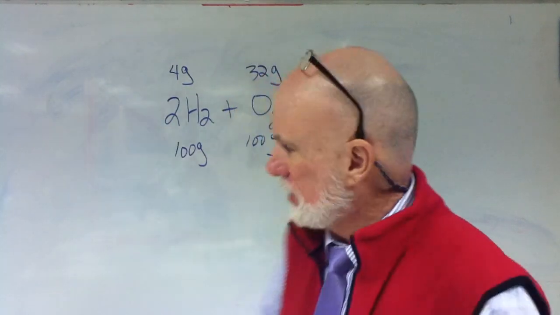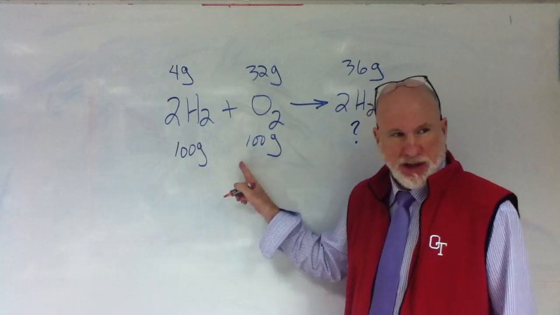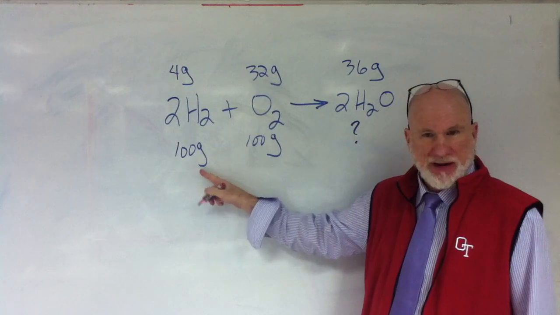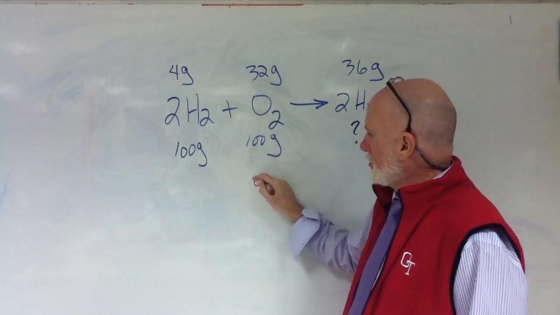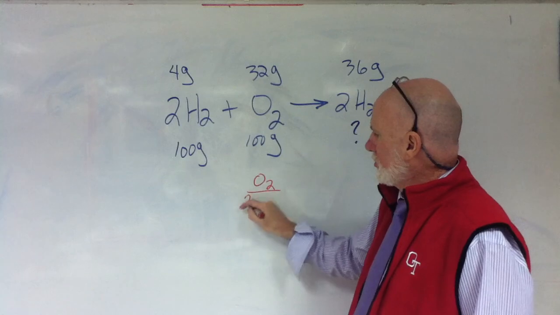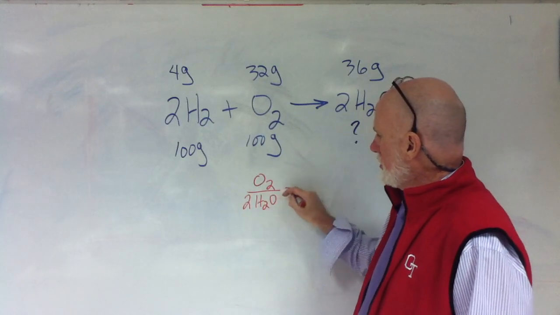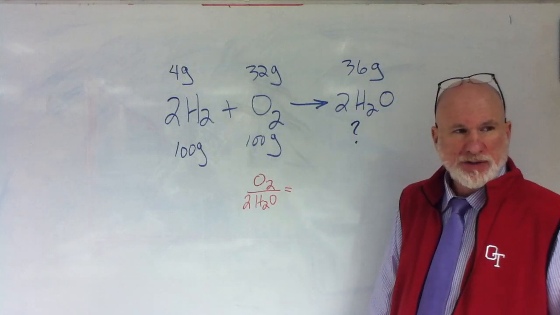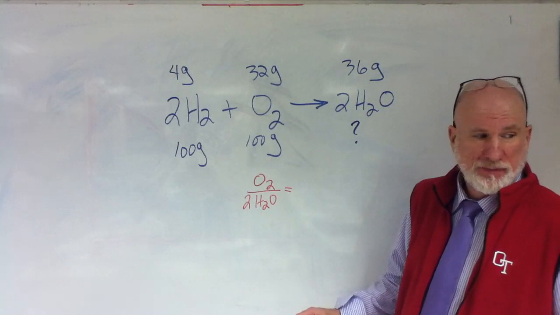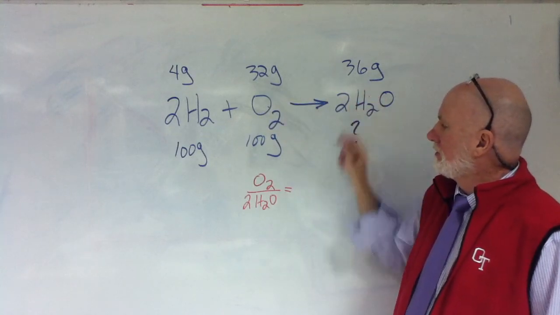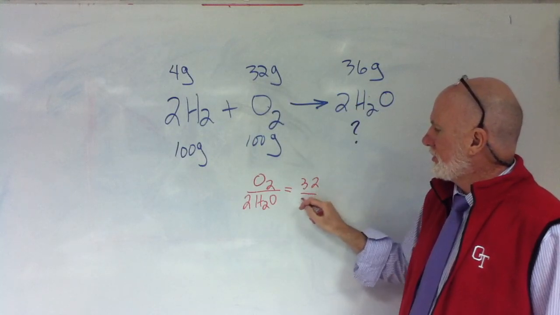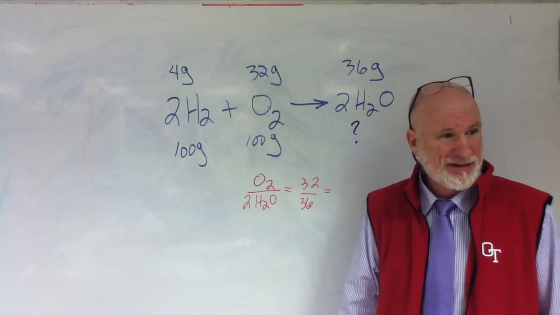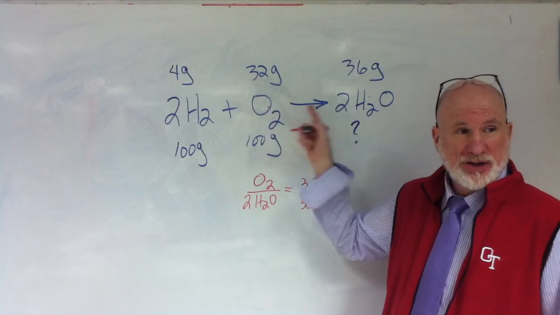We know that this is going to limit it, so we have to use this. We know we're only going to use 12.5 of this. So O2 to 2H2O. What's the constant ratio? 8 to 9. Isn't it 32 to 36? Aren't you comparing oxygen with water?